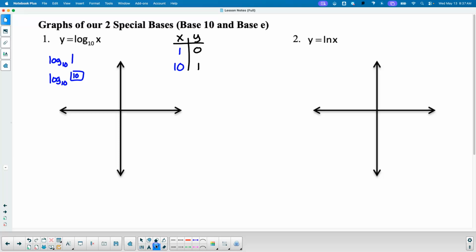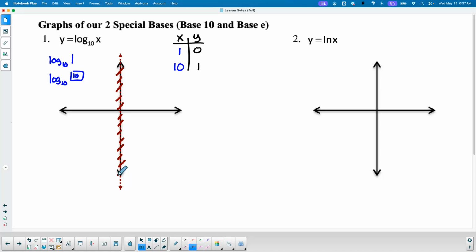So on your graph, I get it that when we're dealing with asymptotes that are on the axes, some people do this instead, and I'm totally fine with that. Instead of doing a dashed line, some people do slashes all the way down, so you can actually see the asymptote on an axis.